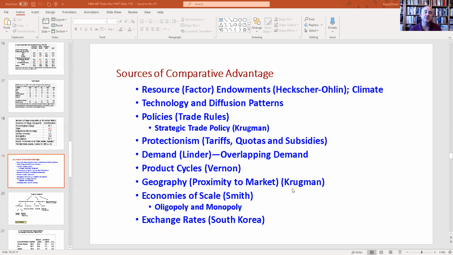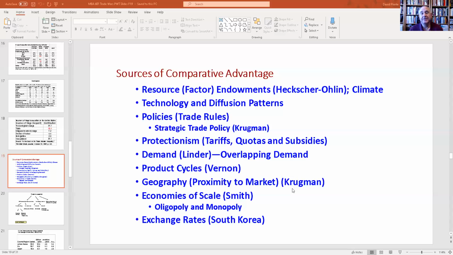So some countries will have a lot of low-skilled labor, some will have a lot of high-skilled labor, some will have a lot of capital, some will have a lot of land. And so what the Heckscher-Ohlin model says is that your comparative advantage will be based on those factors that are relatively abundant. And what that means is you'll specialize according to those abundant factors.